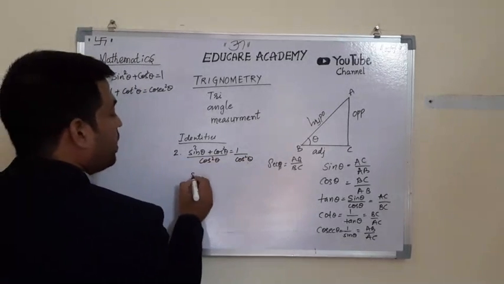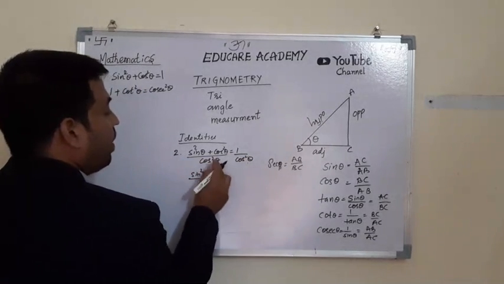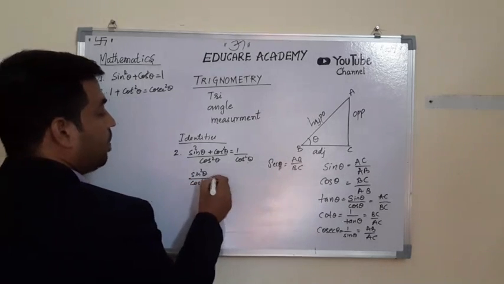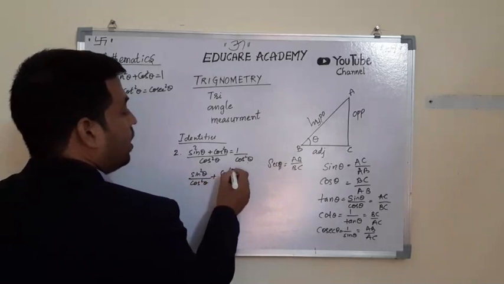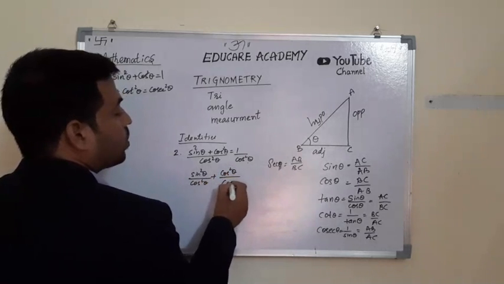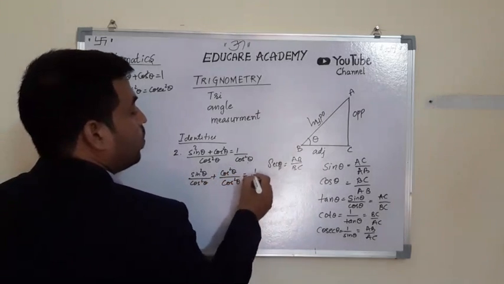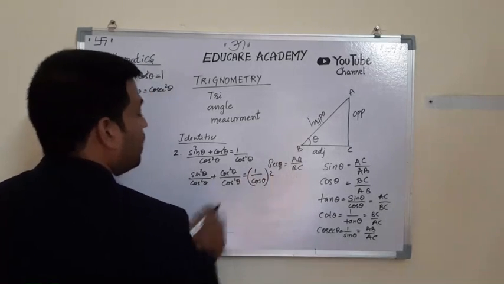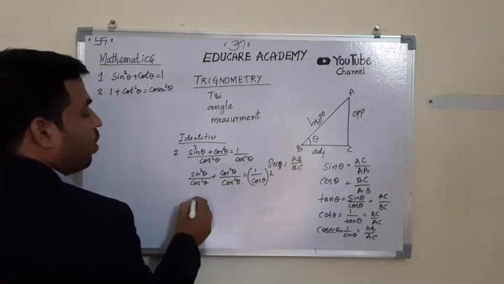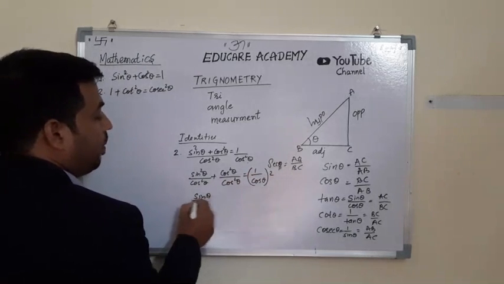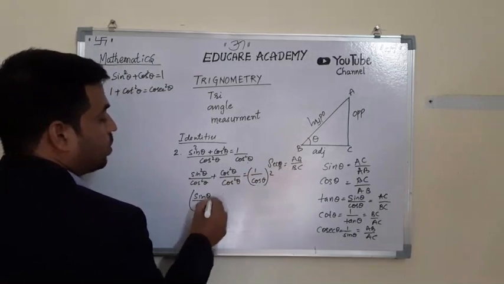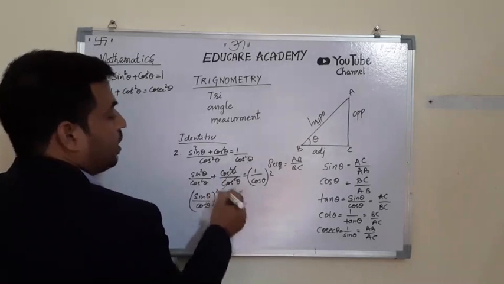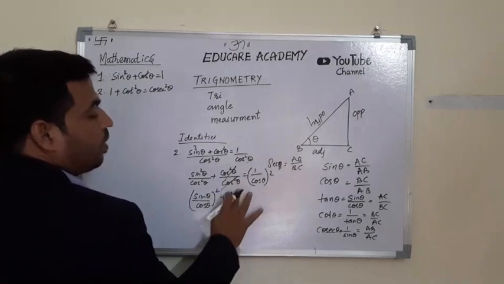So sin square theta, I am going to divide by cos square theta, plus cos square theta divided by cos square theta, is equal to 1 by cos theta the whole square. I can write sin theta by cos theta the whole square plus, cos square theta cancels, so I can write 1 over here.